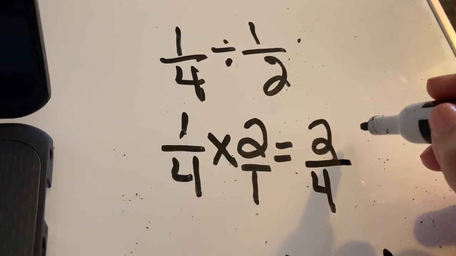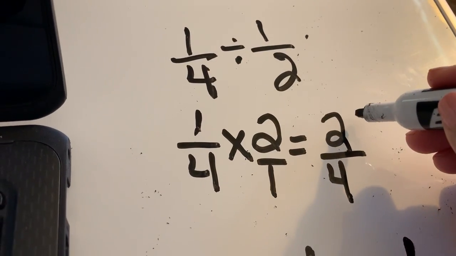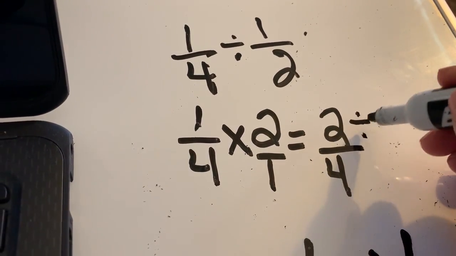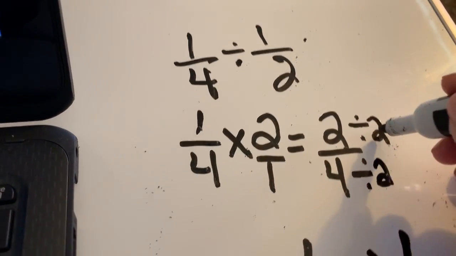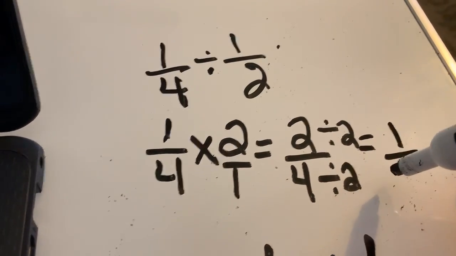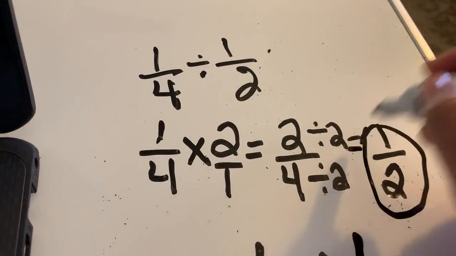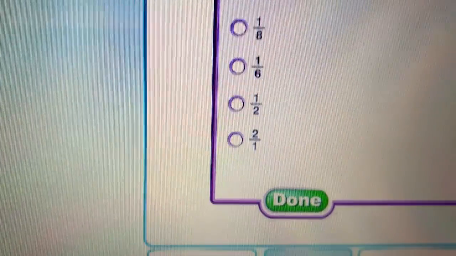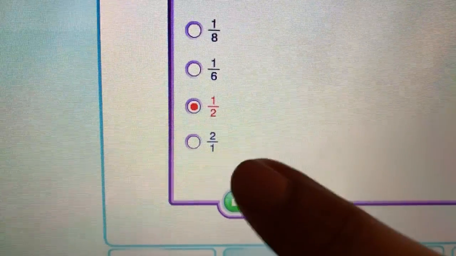However, this is not in its simplest form. They both can be divided by 2. So I need to reduce the fraction. 2 divided by 2 is 1. 4 divided by 2 is 2. So my answer is going to be 1/2. Let's look at the paper here and see if we have a choice. Yes, we do. 1/2. That's our answer.